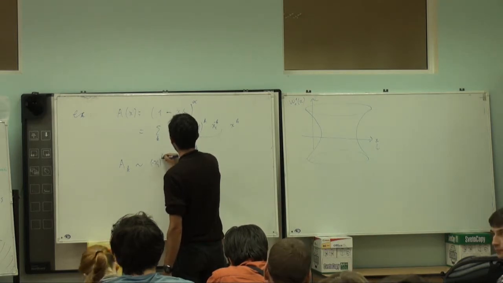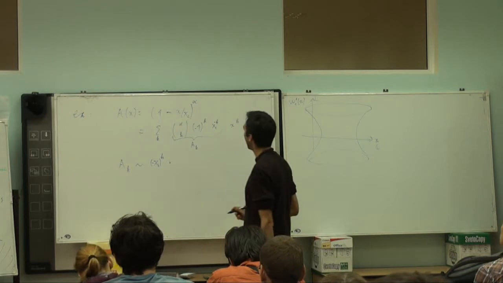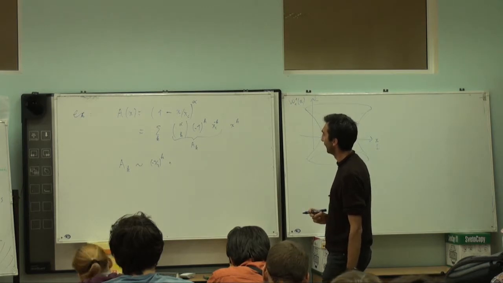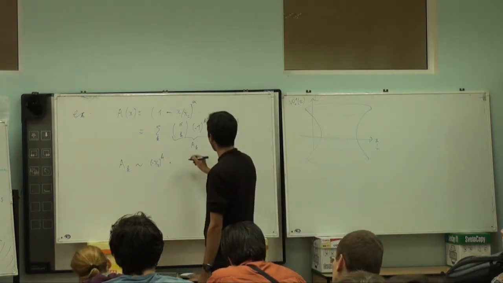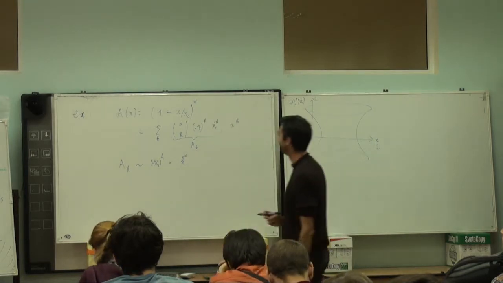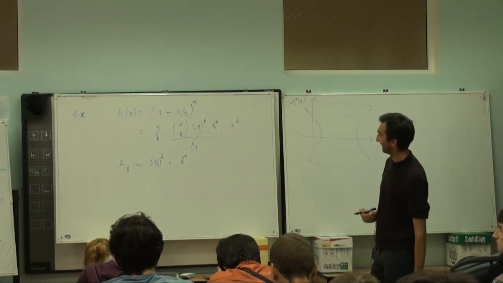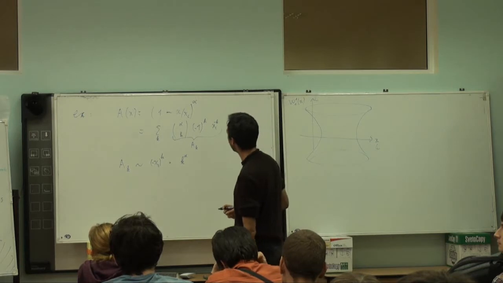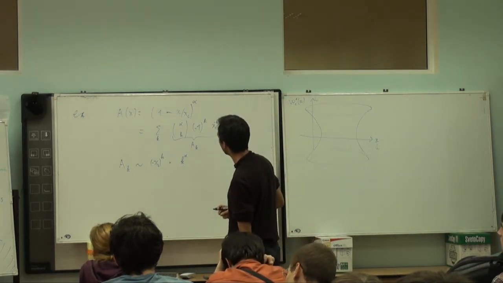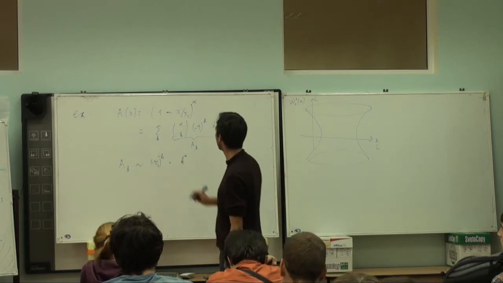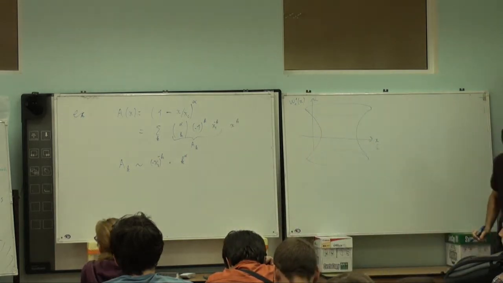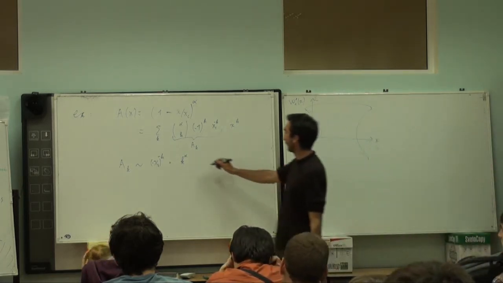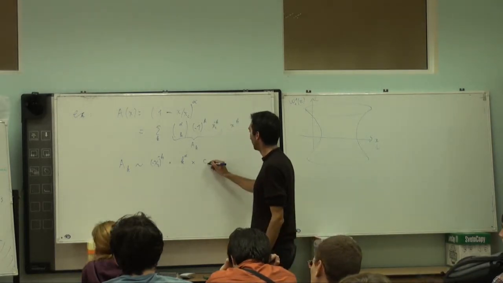And at large k, a_k behaves like minus x_c to the power k times the asymptotic of this coefficient, which is k to the alpha, I think, times some constant which depends on alpha.